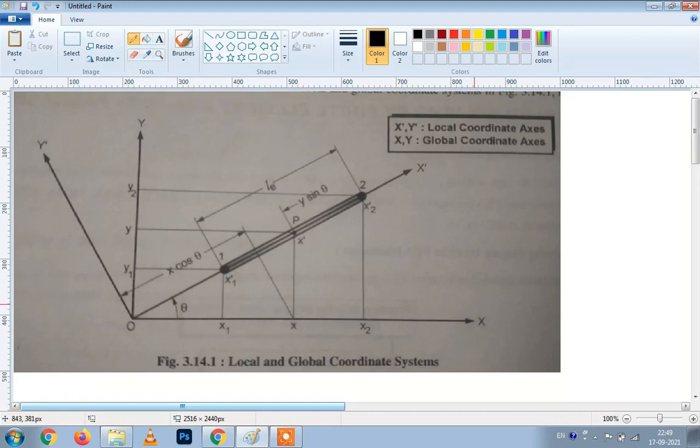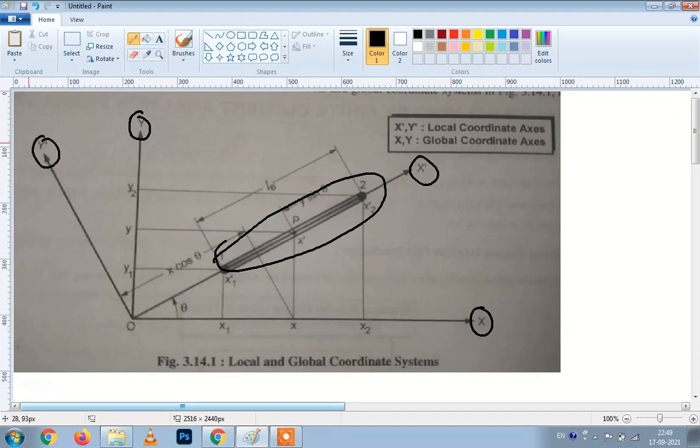The global coordinate system is indicated with the letters x and y, and the local coordinate system used for this particular element is indicated with x dash and y dash. So x, y is the global coordinate system and x dash, y dash is the local coordinate system.